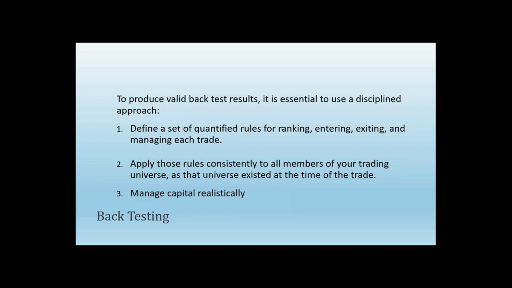And what I mean there is, if you have a strategy that is trading, for example, S&P 500 stocks, you do not want to take today's S&P 500 and backtest that strategy from 2001 through today, because you will have tremendous survivorship bias, or what some people call pre-inclusion bias, because right now the S&P 500 has all the stocks that survived 2008 and all the other years between 2001 and now.